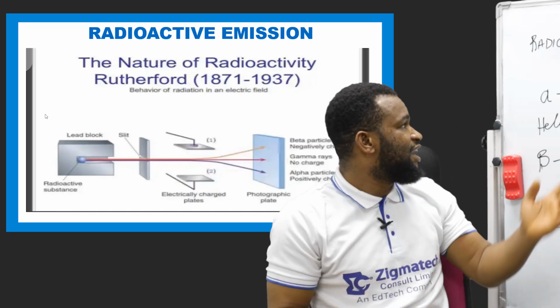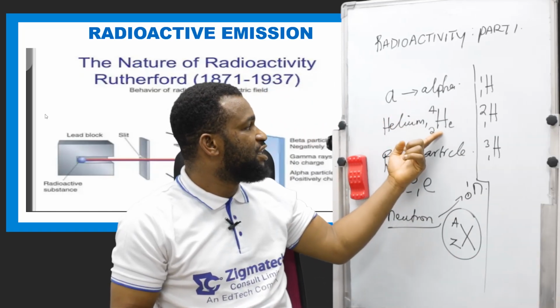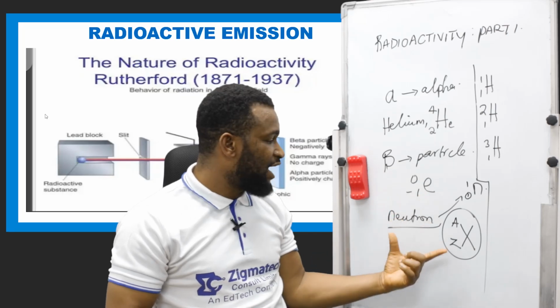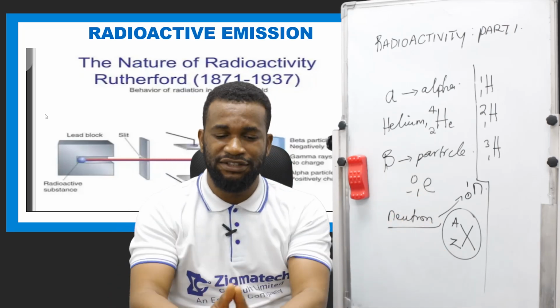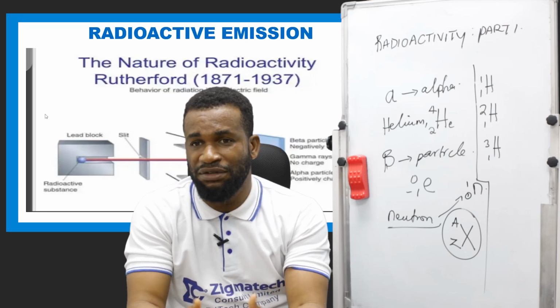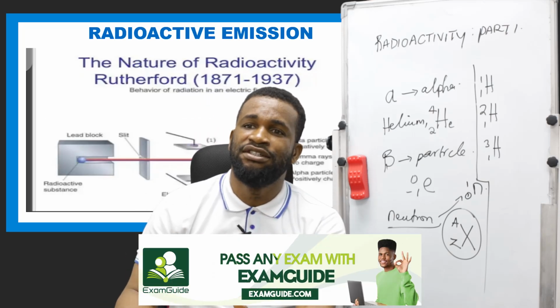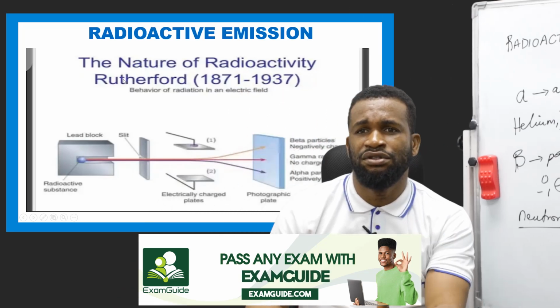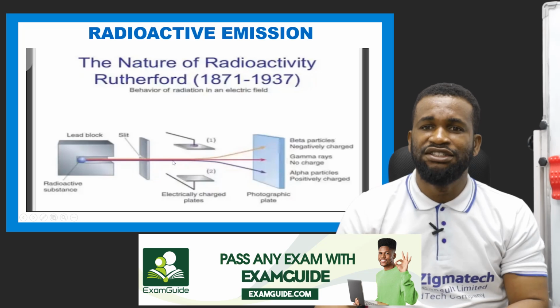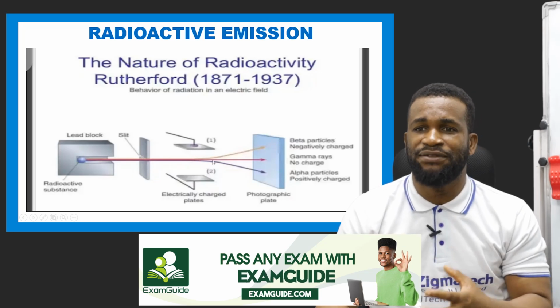Like I said, the alpha is just a helium atom, while beta is an electron, and gamma is a photon energy or an electromagnetic wave which is given out. And this man, Rutherford, performed an experiment which shows that they are different and they act differently.